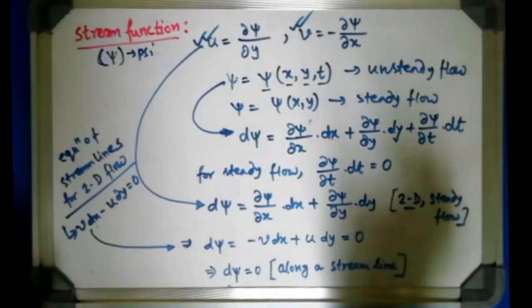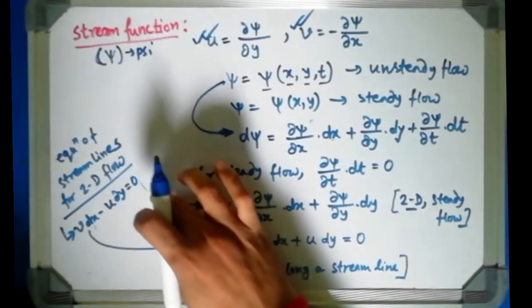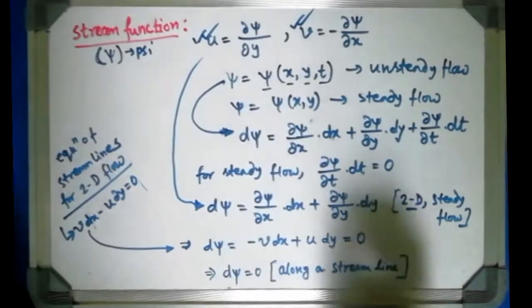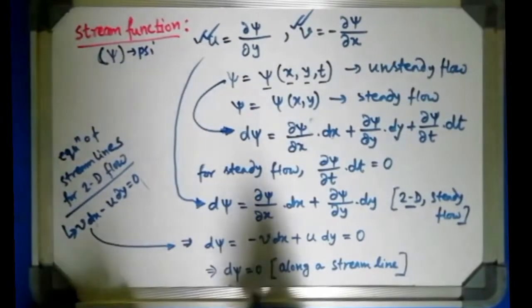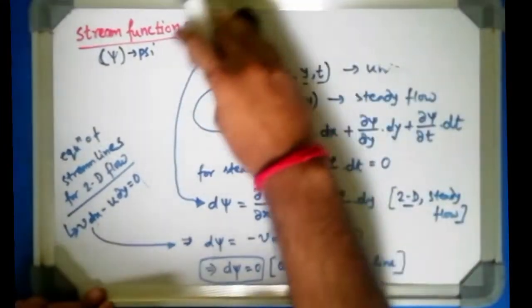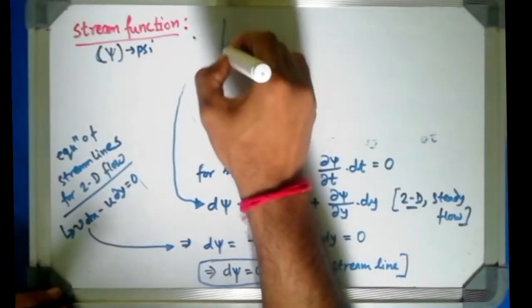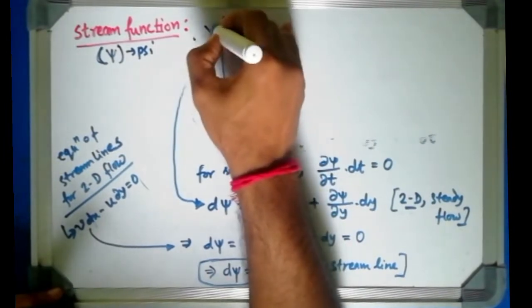Understood? And we are discussing all this for 2D flow. After getting this expression, it is very important that d psi equals 0 for a streamline. Suppose this is the x direction and this is the y direction.